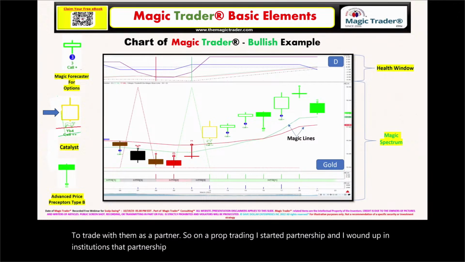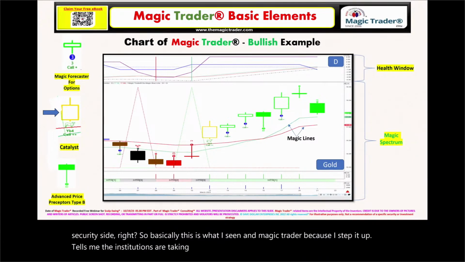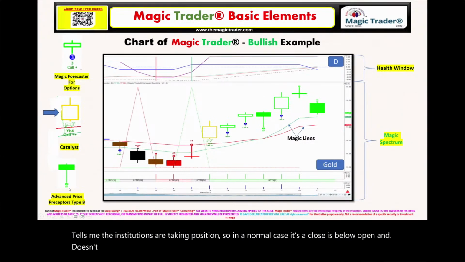I never worked as a broker, never got a dime as a broker on the securities side. So basically, this is what I saw, and Magic Trader, because I stepped it up, tells me the institutions are taking position. In a normal case, you'd say the close is below the open and it doesn't matter, right?